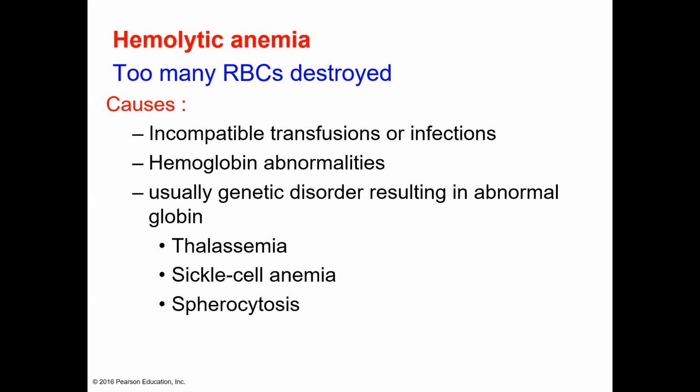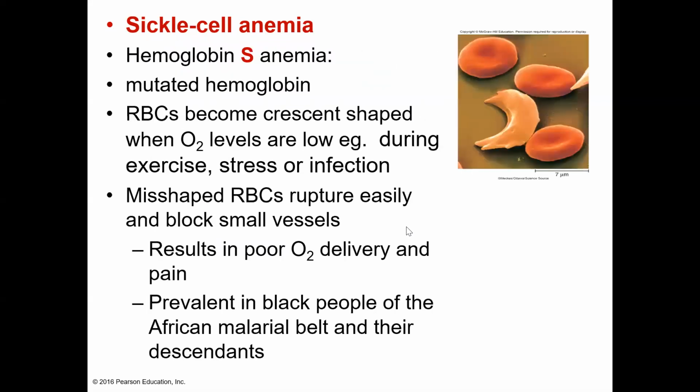Infections can cause hemolysis, and hemoglobin abnormalities due to genetic disorders like thalassemias, sickle cell anemias, spherocytosis. All this can produce anemias. And here they're talking about the types of it. I'm not going into the details. I'll let you read about it.